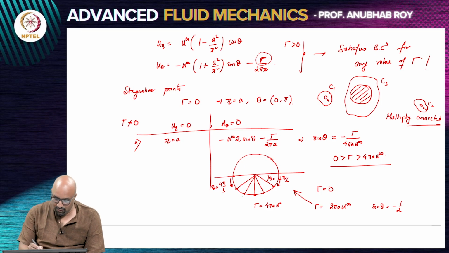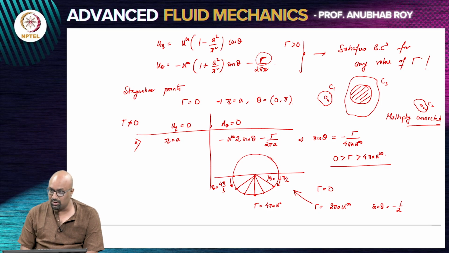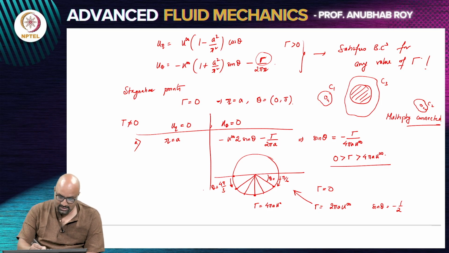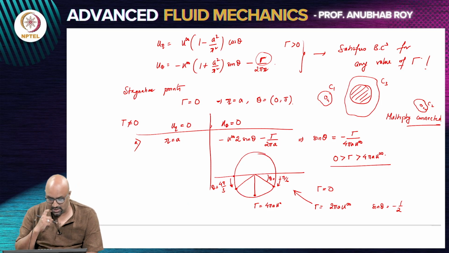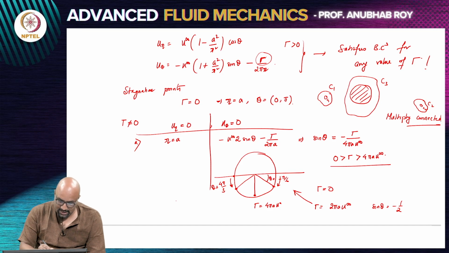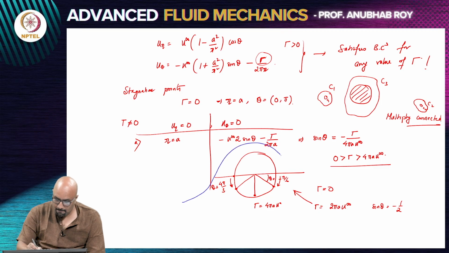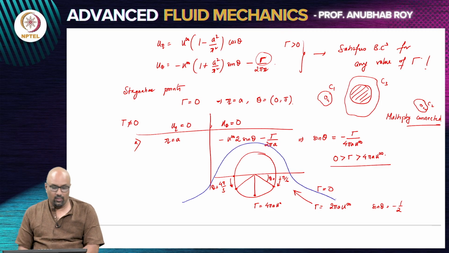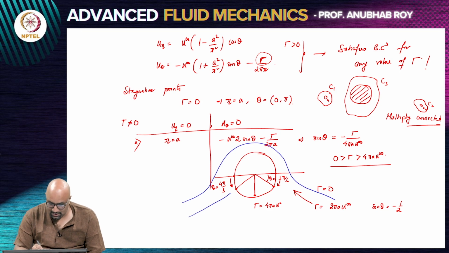So what does the flow look like when the stagnation points have gone to the bottom half, both of them? Let's consider the case when we have gamma equal to 2 pi a u infinity. In that case, the flow will now go around this particular point and you will have a stagnation streamline which will look like this.